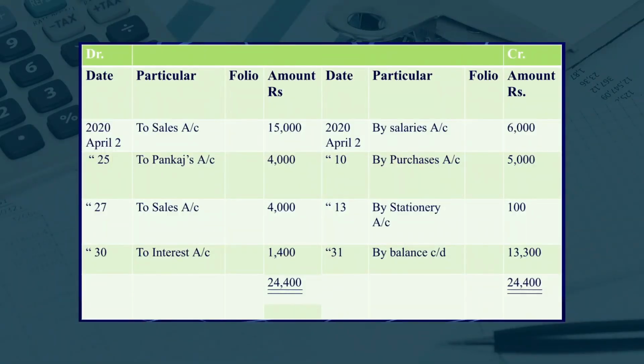So, well friends, you kindly note one point here, that if the debit side of any account is more than the credit side, like in case of cash account, you will have a debit balance, and if the credit side is more than the debit side, you will have a credit balance. So, here in this account, because debit side is more than the credit side, because the total of the debit side is 24,400 and total of the credit side is only 11,100.